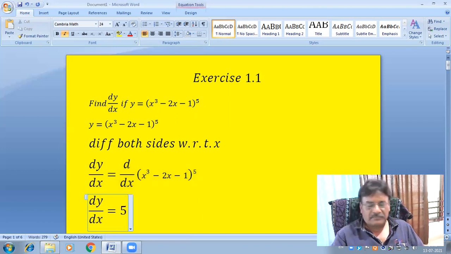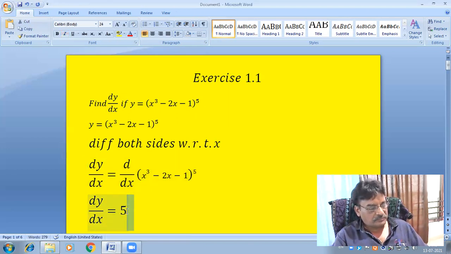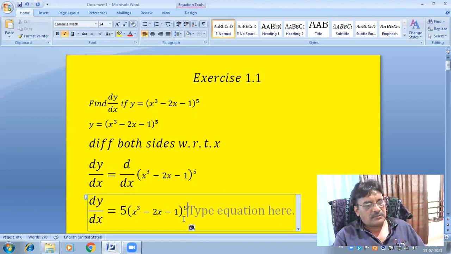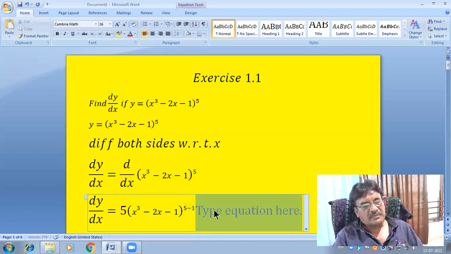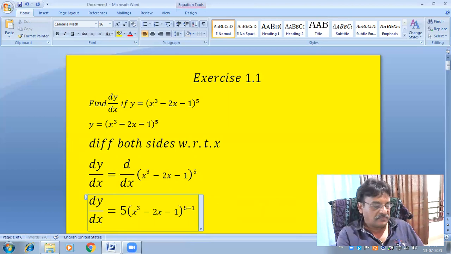Similarly, here f(x) is replaced by x cube minus 2x minus 1. Using the formula, we have 5 times the bracket to the power 5 minus 1, into the derivative of x cube minus 2x minus 1.